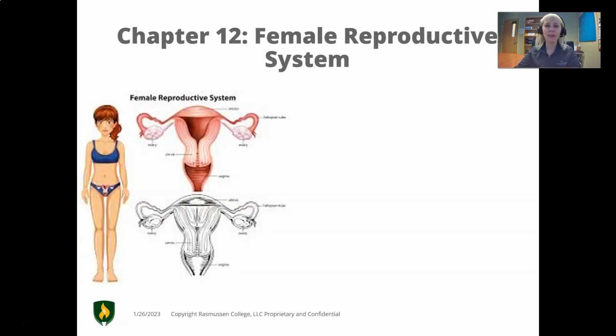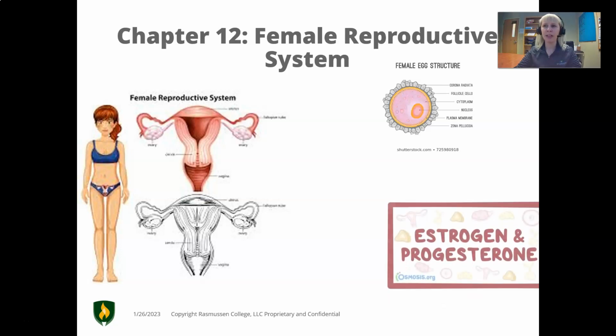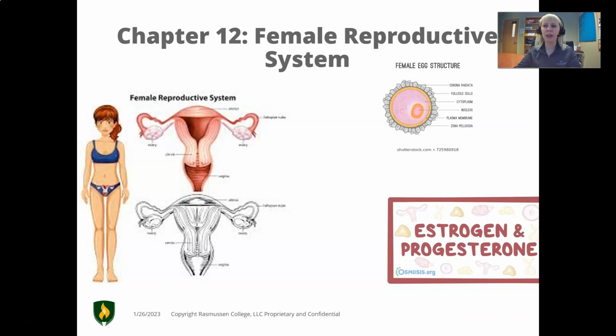Moving on, chapter 12 is going to talk about the female reproductive system. And the female reproductive system is designed to produce and transport the ova, which is the female sex cell. And it also deals with discharge of the ova from the body if fertilization does not occur. It helps to nourish and provide a place for a developing fetus through pregnancy and fertilization.